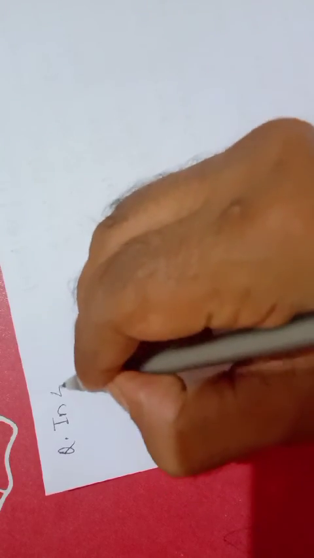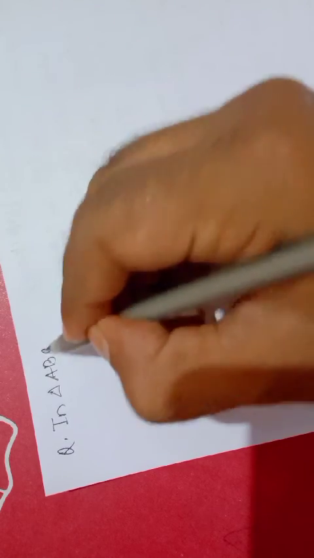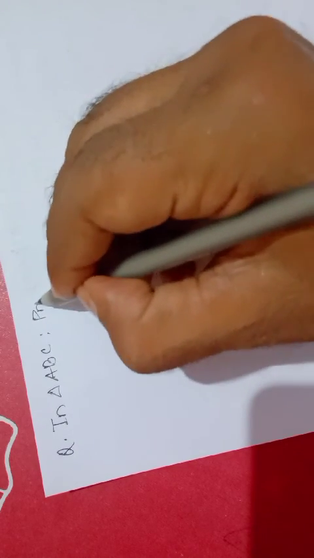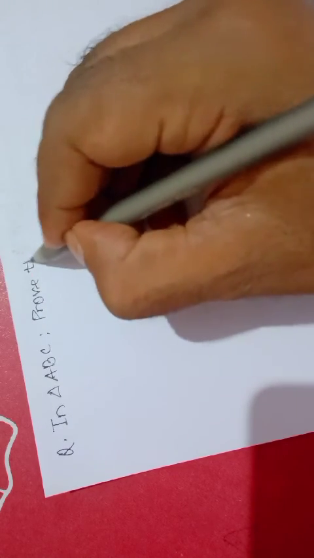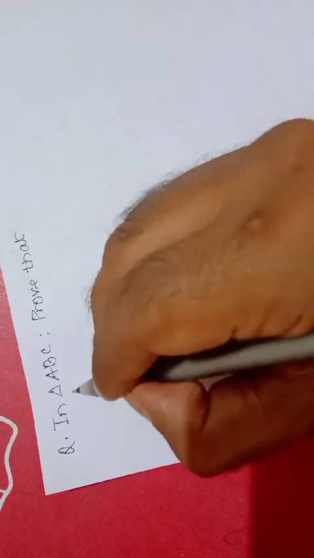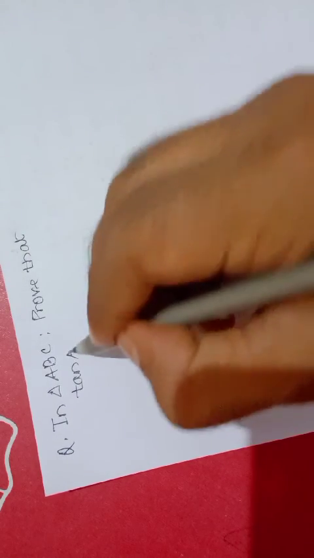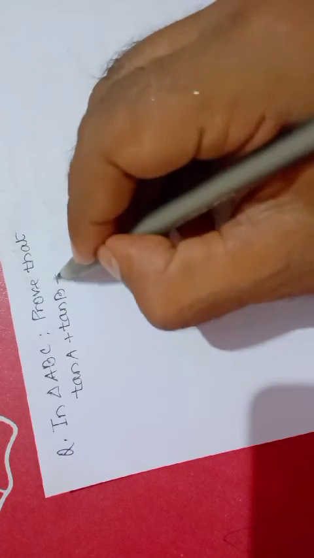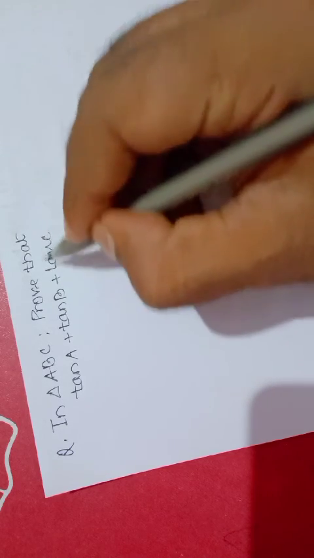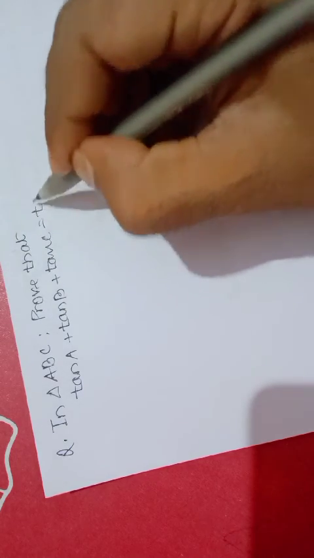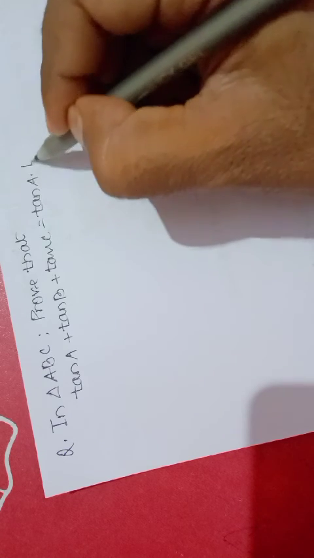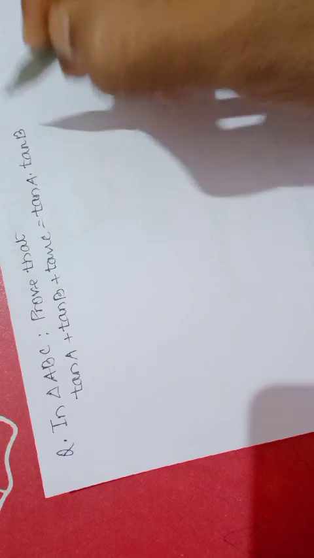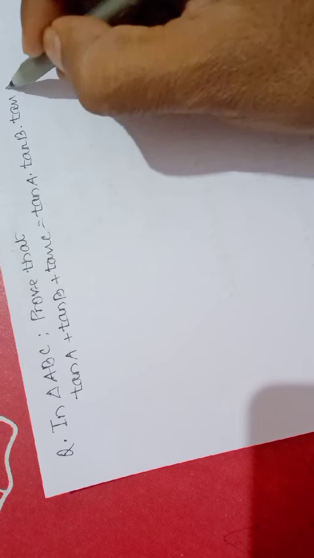In triangle ABC, prove that tan A plus tan B plus tan C is equal to tan A into tan B into tan C.